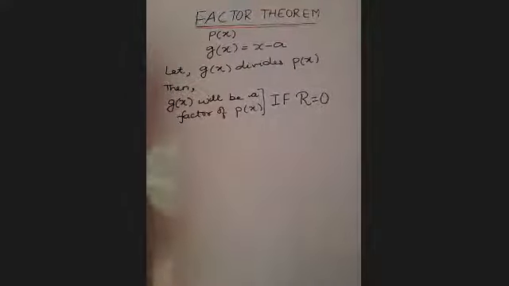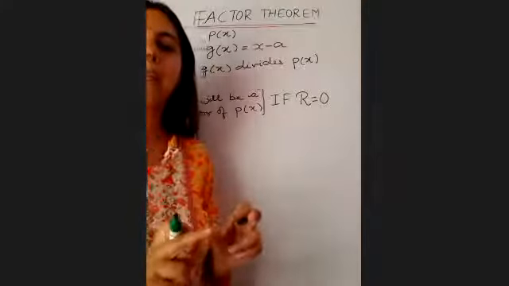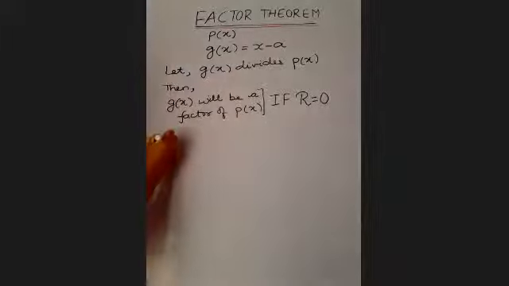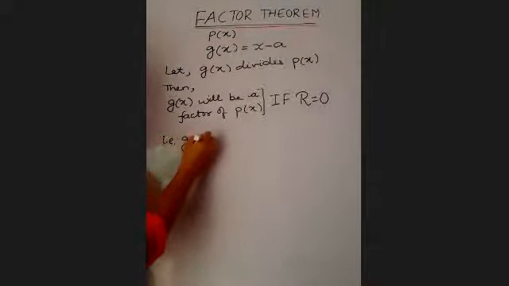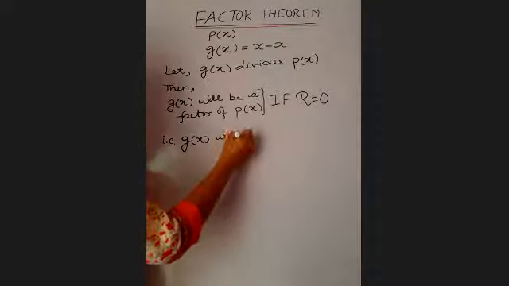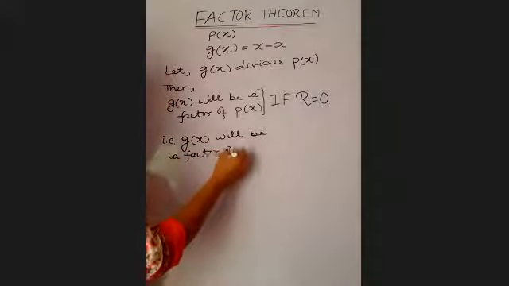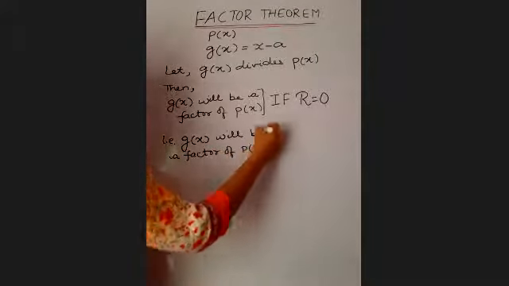That is what we say, that g(x) is a factor of p(x) if remainder is 0. Enough. That is, I'm changing the language. That is, g(x) will be a factor of p(x) if.